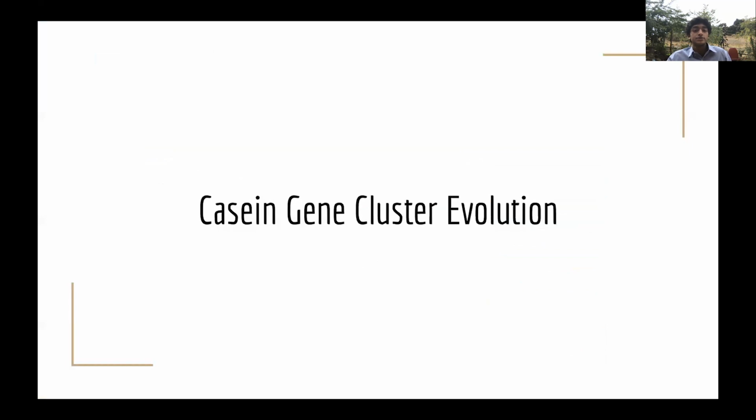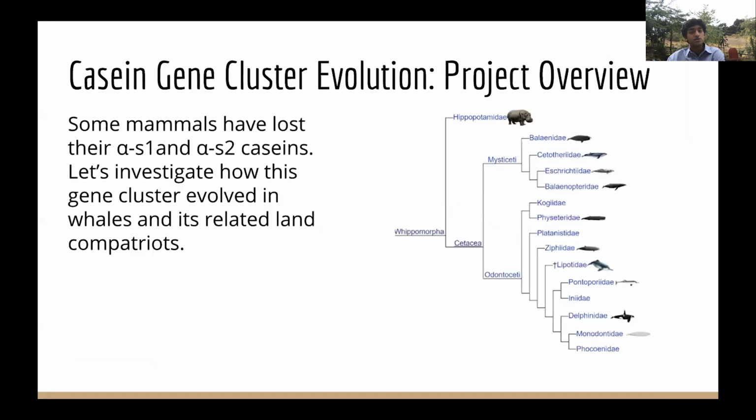So now we're going to get into our casein gene cluster evolution sub-project under our Narwhal phylogenetics project. Overviewing the project, we've noticed that some mammals have lost their alpha S1 and alpha S2 caseins.